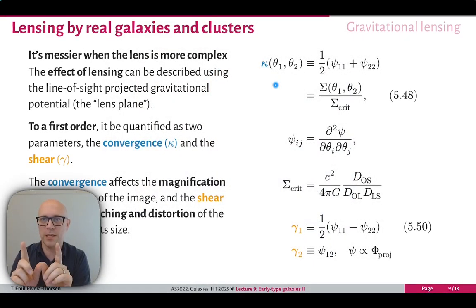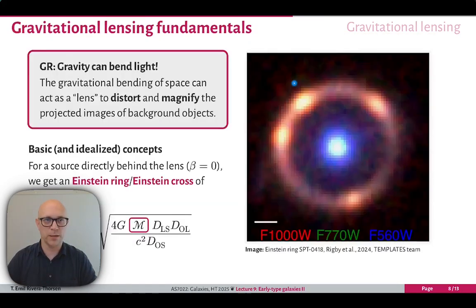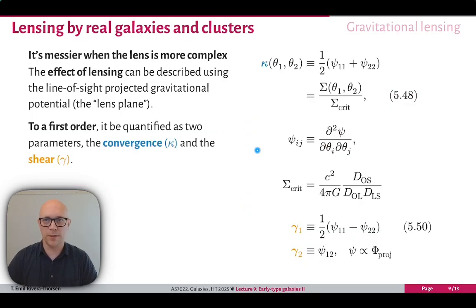So you can see that these two coordinates here are basically the projected angular coordinates of the deflection, as we saw before in here, right? This is the vector theta. And these are the two main two-dimensional coordinates of this deflection angle.